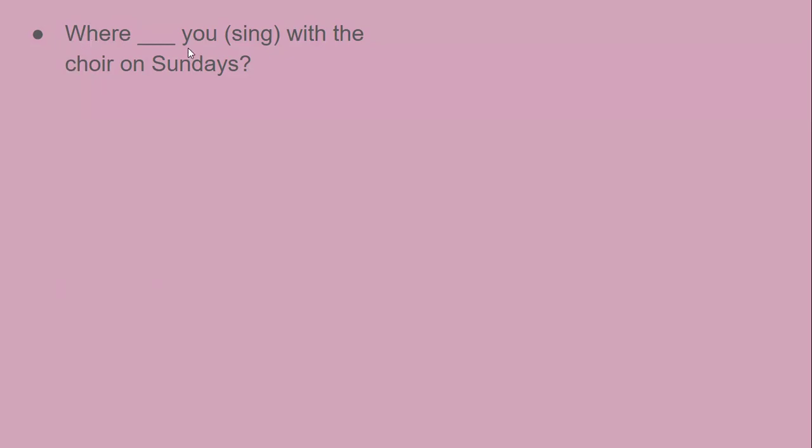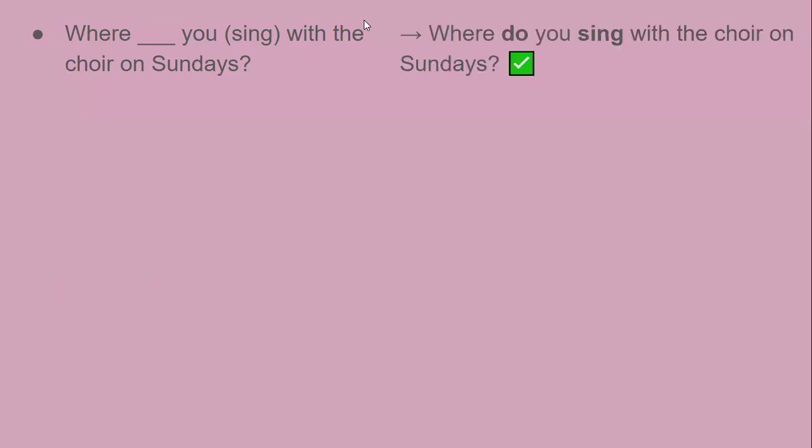So we have the subject you, and therefore we have to use do, because for subjects I, you, they, and we we use do. As such, our correct sentence becomes, where do you sing with the choir on Sundays?